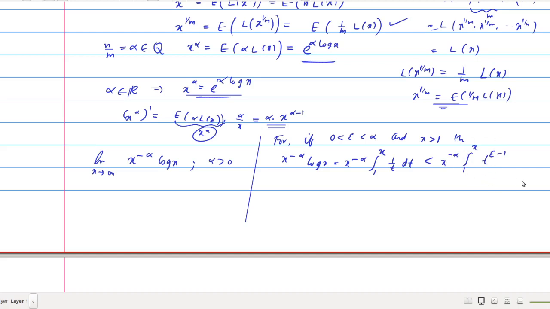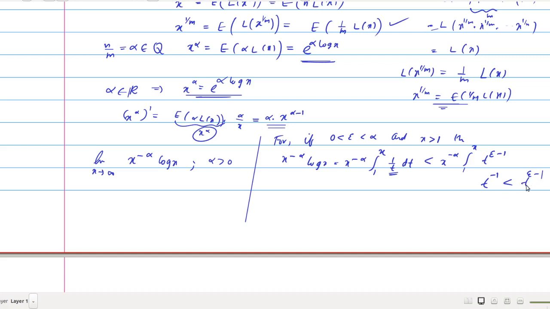This is because we compare two functions, t to the power minus 1 and t to the power epsilon minus 1. Since epsilon is positive, t to the power epsilon minus 1 is t raised to epsilon into t raised to minus 1.